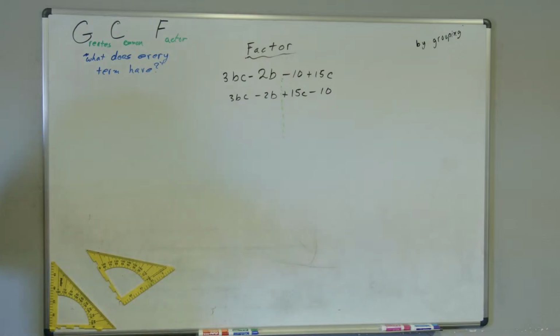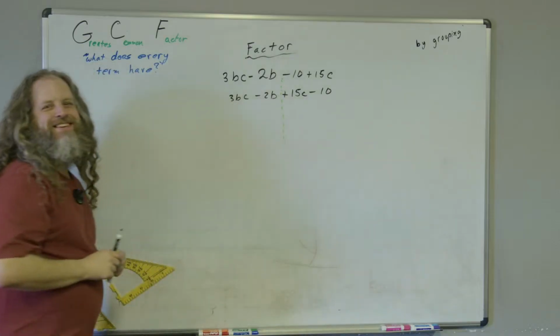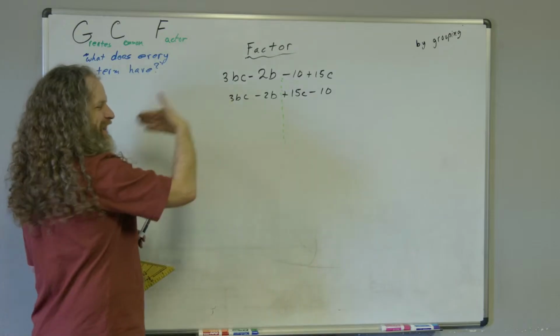If we look at the first half, the left side, what is the GCF between just those 2? What's in common between those 2? The first 2, not the last 2.